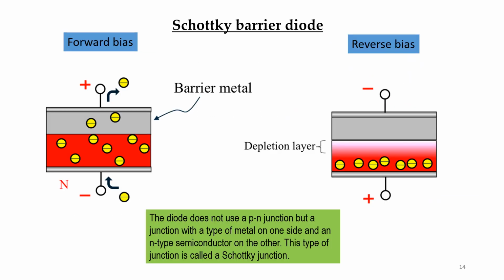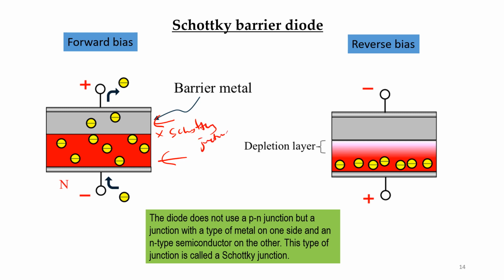A little bit of information about the Schottky barrier diode. This diode does not use a PN junction, but a junction with a type of metal on one side and an n-type semiconductor on the other side. This type of junction is called a Schottky junction.